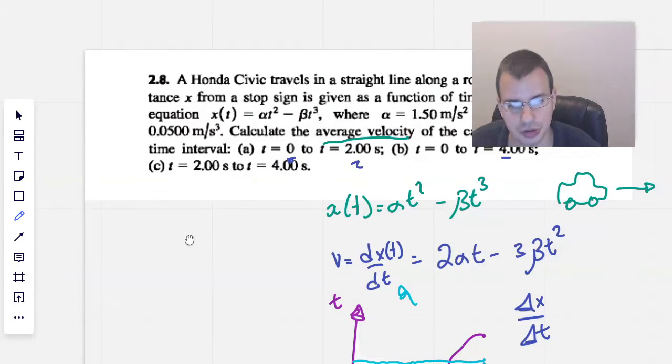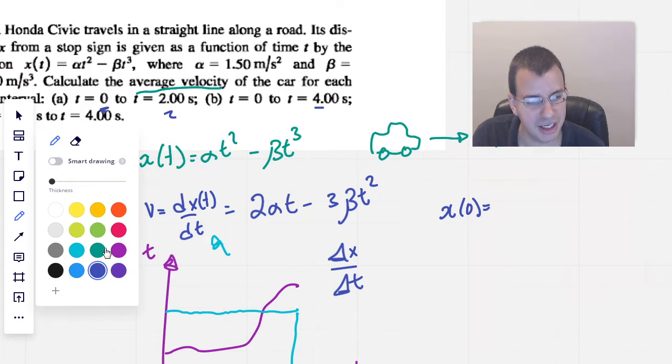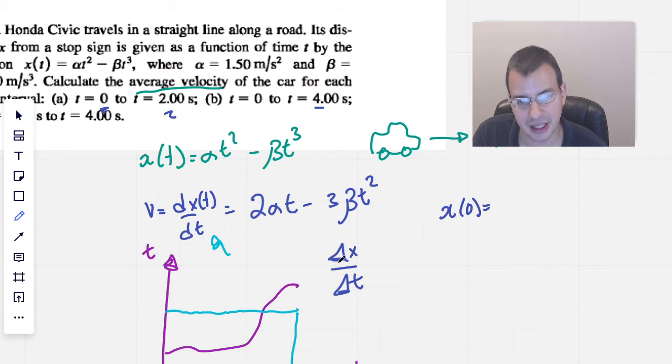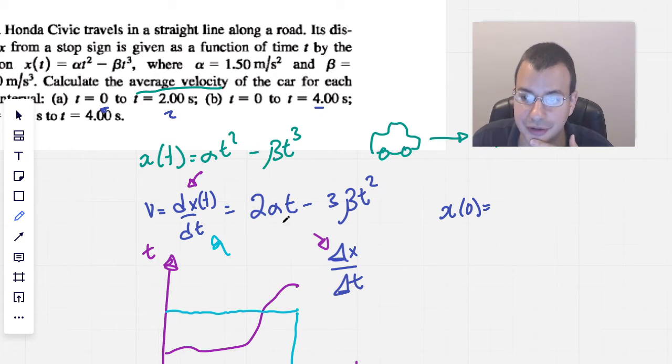So we're going to find x of 0. When we use the big delta instead of the d, this means a finite difference, while d means an infinitesimal difference. When we find this finite difference, we're finding the average velocity.